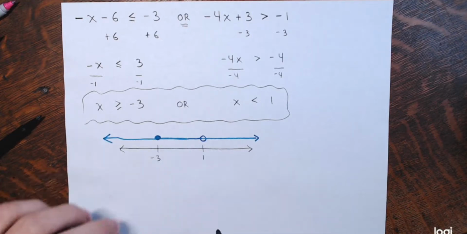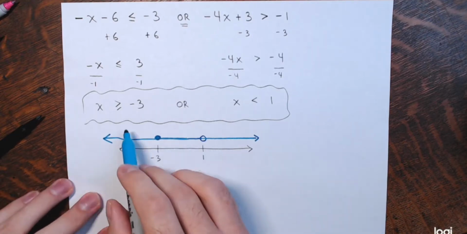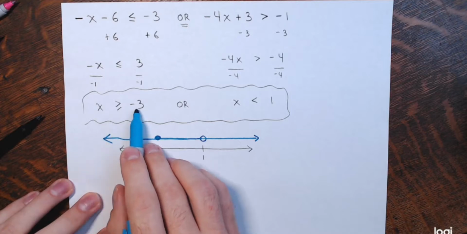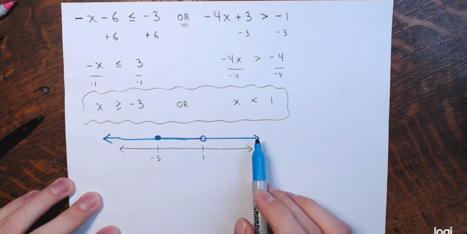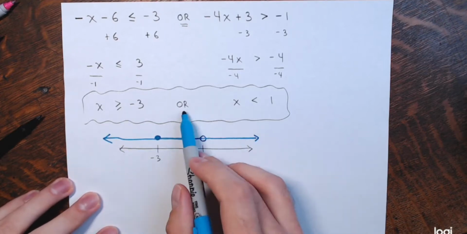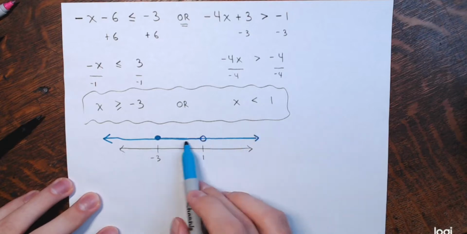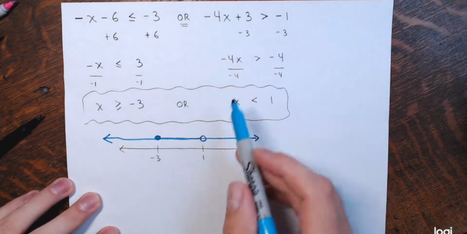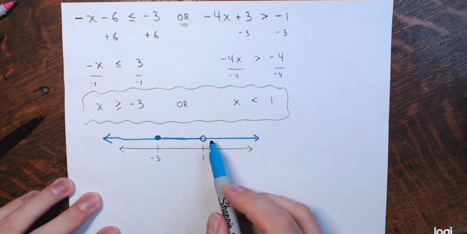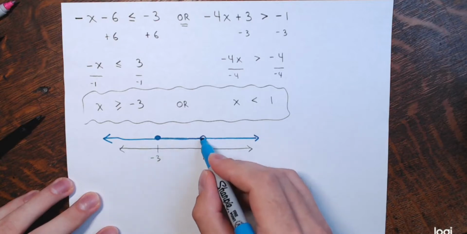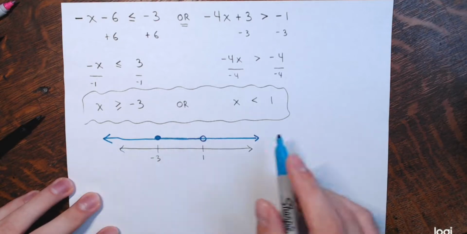And look at what happens. All the numbers greater than or equal to -3 are solutions of the compound inequality, and also all the numbers less than 1 are solutions because they satisfy the second one. And if you look at both graphs together, do their union, that's everything. Every real number.